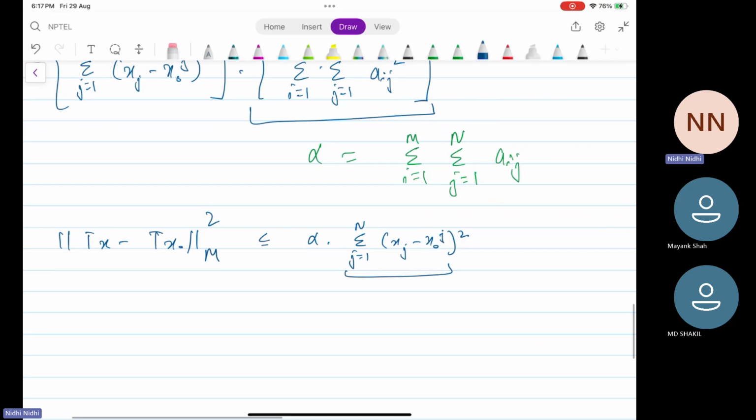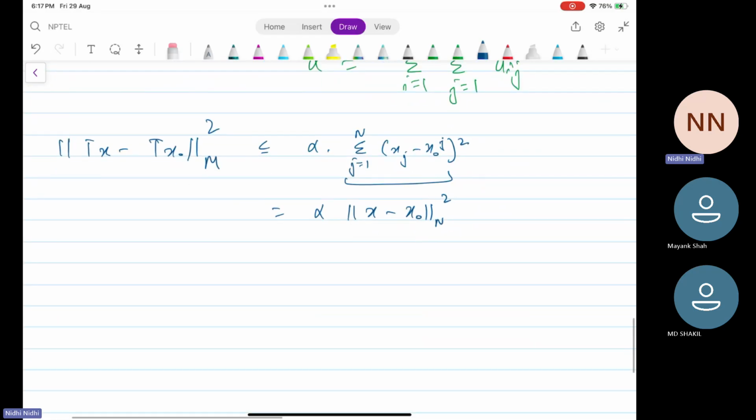Now this term is the Euclidean norm squared, so this is equal to alpha times the norm of x minus x naught in Rn, squared. Now this will be less than alpha times delta square whenever the norm of x minus x naught is less than delta.